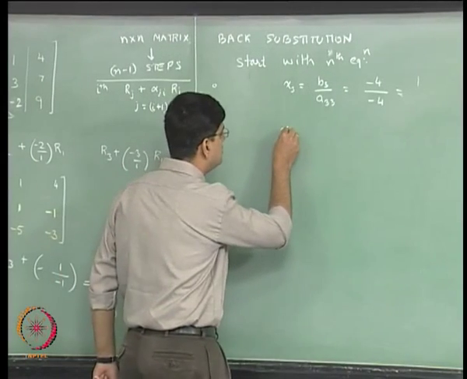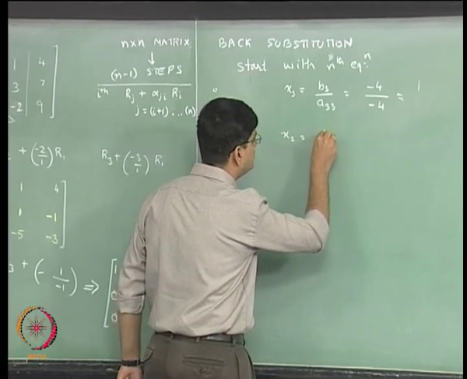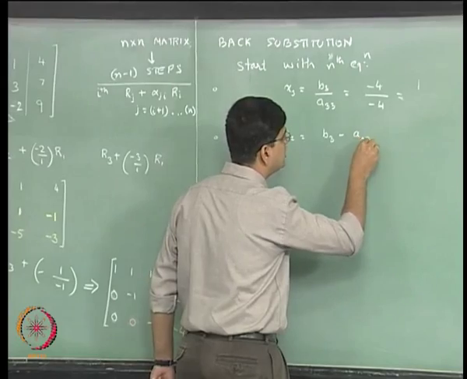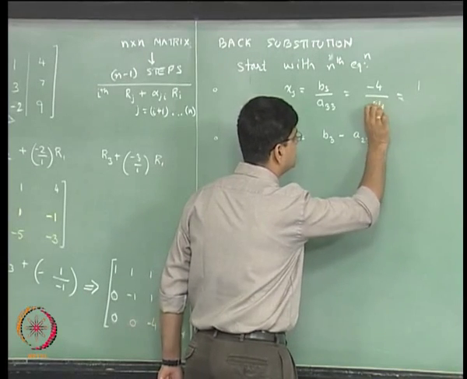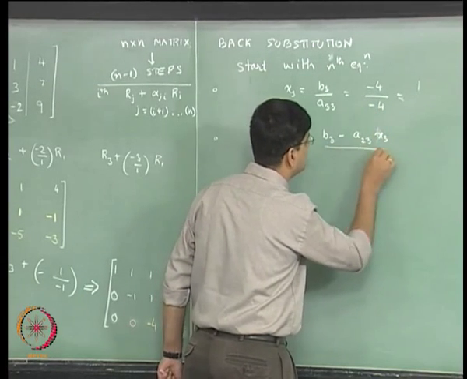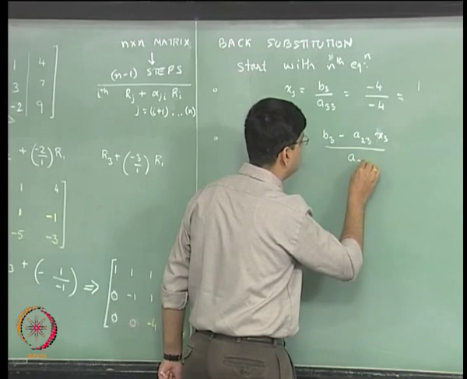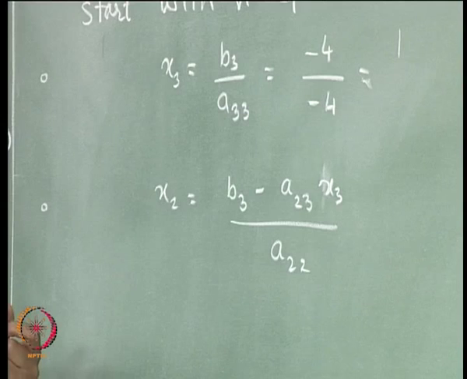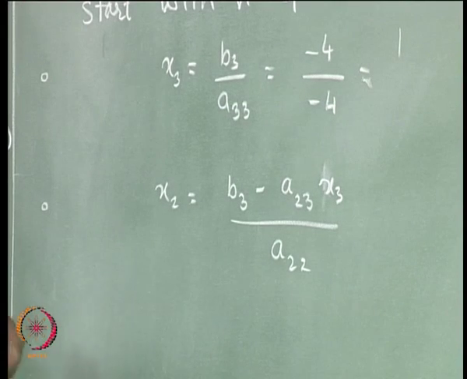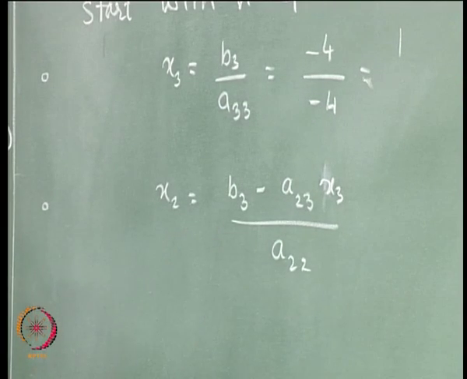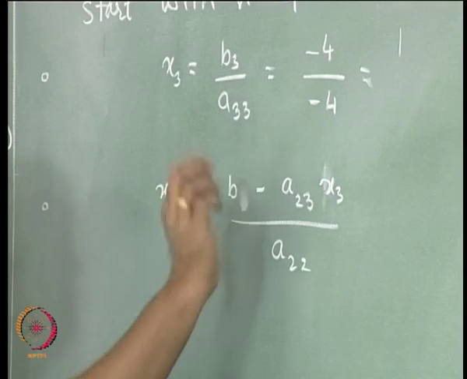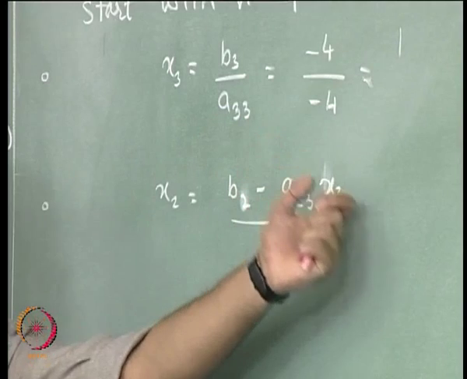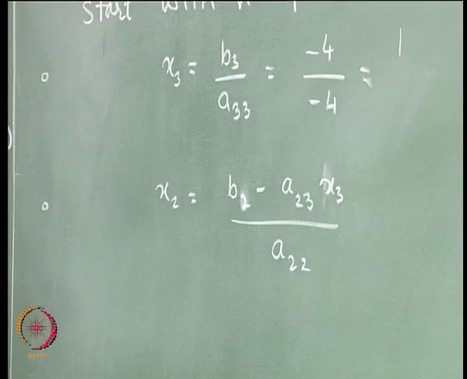So our x2 is going to be equal to b2 minus a23 multiplied by x3 divided by a22. Okay. Why? Because our equation was a22 x2 plus a23 x3 equal to b2, sorry, not b3. Okay. So we take a23 x3 on to the right hand side and divide by a22.